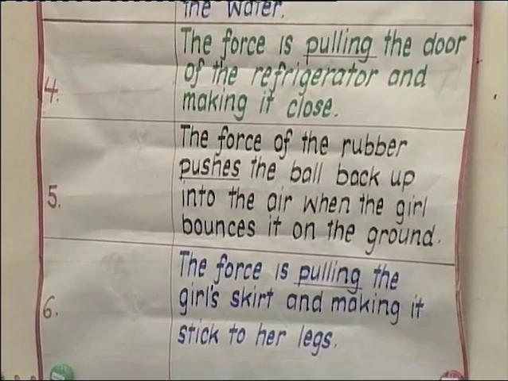Which one? Number 3. The force is pulling the door of the refrigerator. Now, when you close the door, or if you push the door, it will just go and stop. What is in there? There's a rubber. There's those black rubbers, and in those rubbers are magnets. That's what I'm pressing.